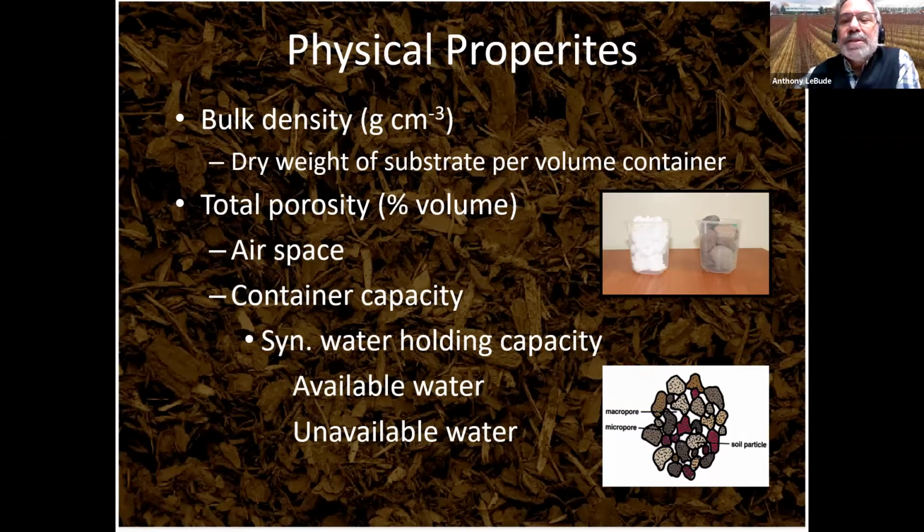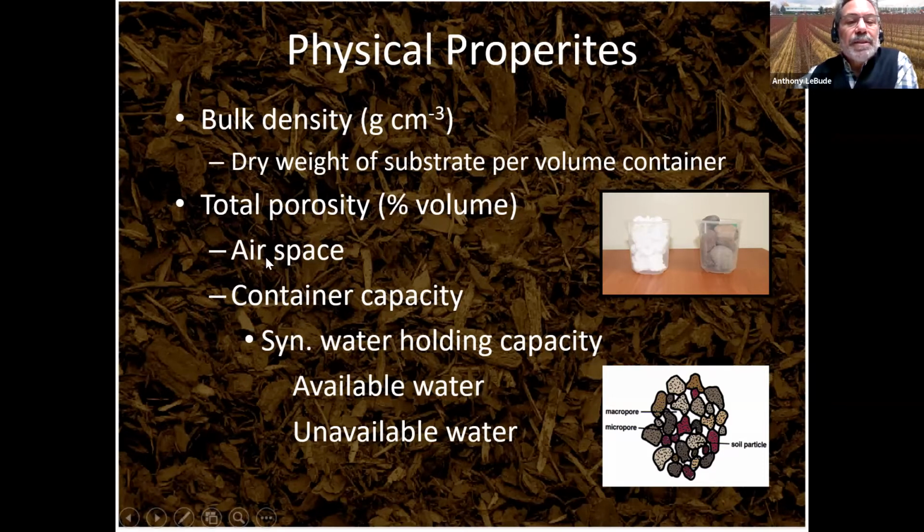Then you have the total porosity, which is once you fill up this volume with your rocks or your cotton, there's airspace left that isn't a solid. And total porosity is that total airspace that's left over of the total volume of the container. So let's just say a 500 mL container, and then you've got rocks in there. All the rest of the airspace that's left over is the total porosity.